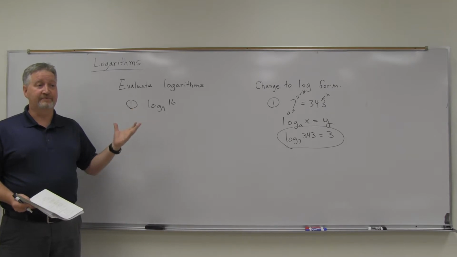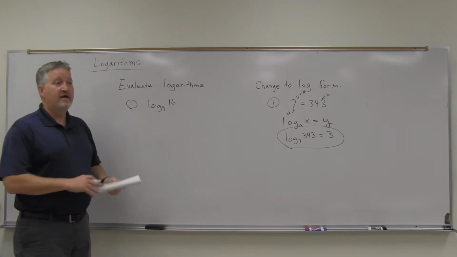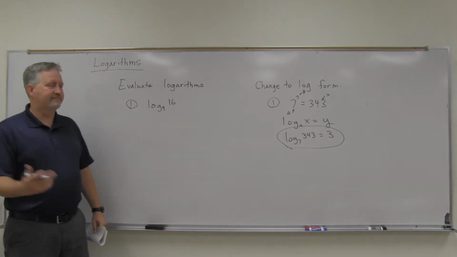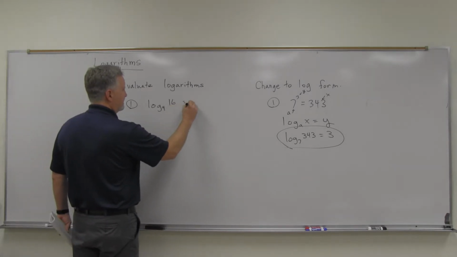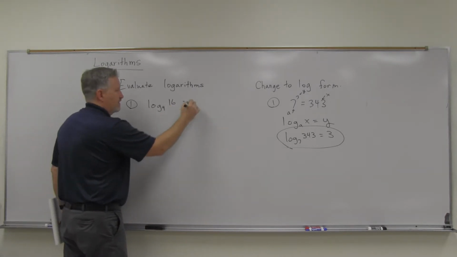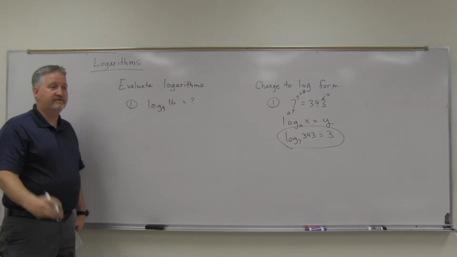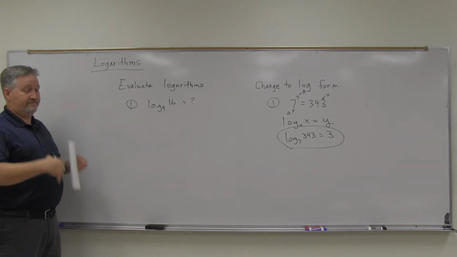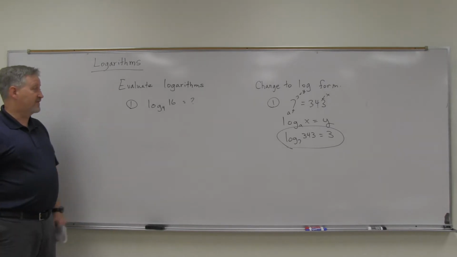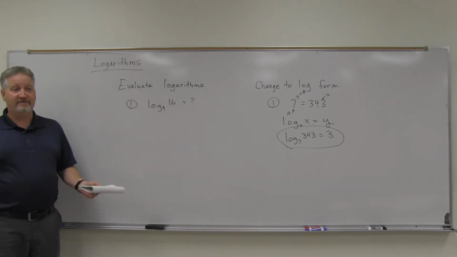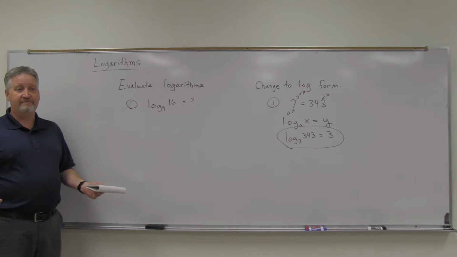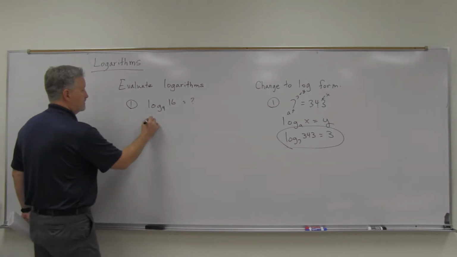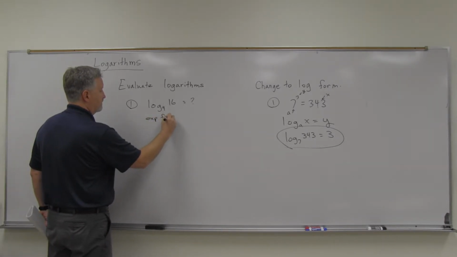This is just a number. This equals something. I don't know what it is. Question mark. What is that? Equals, and then if I think of it that way, then I could just convert that to exponential form, couldn't I? So go to exponential form for this.